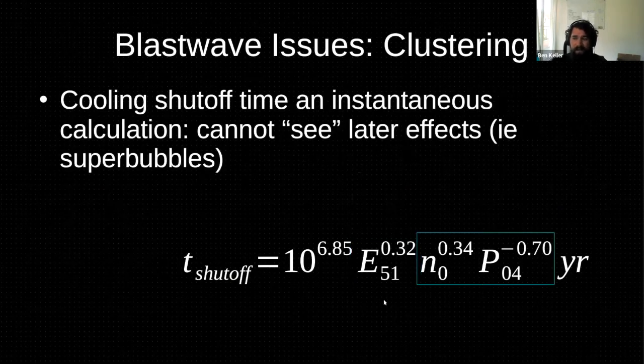As well, because that calculation is done instantaneously when the supernova detonates, you don't have any ability to see later-on effects. You calculate a cooling shutoff time that depends on your density and pressure only at the moment the supernova goes off. And so later things that could maybe expel that gas from the galaxy, and therefore change these cooling times, can't really be captured in this.